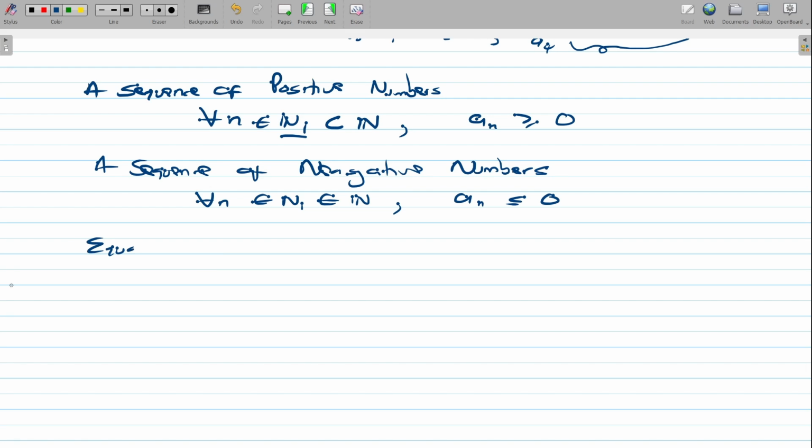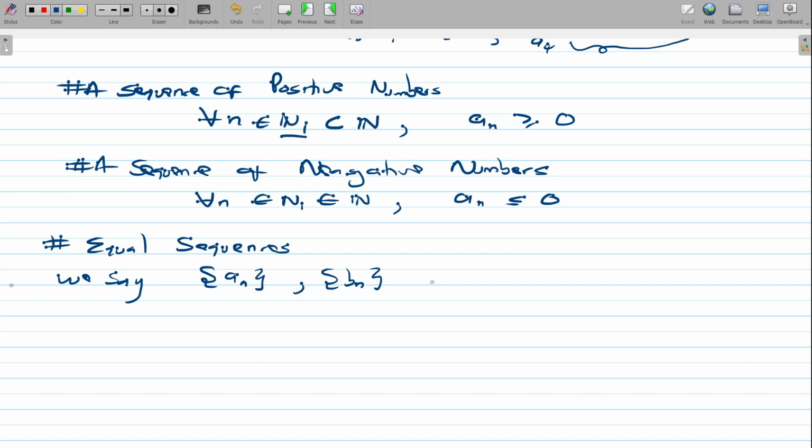Equal sequences: we say that the two sequences a sub n and b sub n are equal if for all values n in the set n1, which is a subset of the set of natural numbers, for every n we have that a sub n is equal to b sub n.